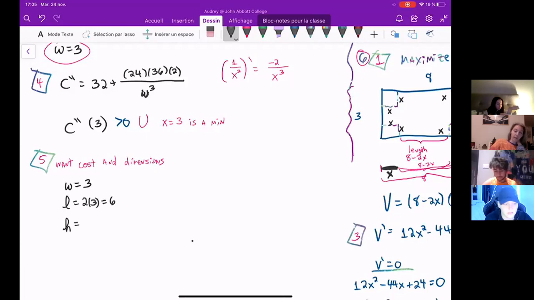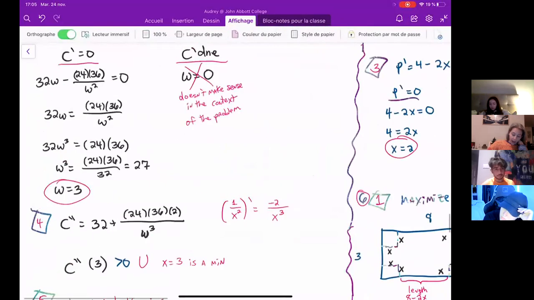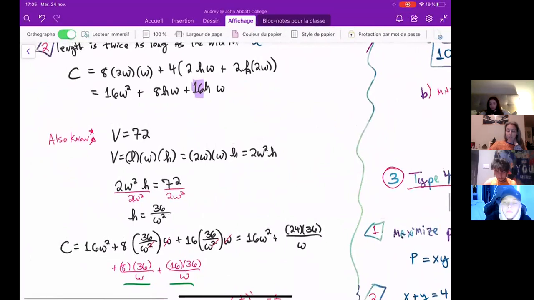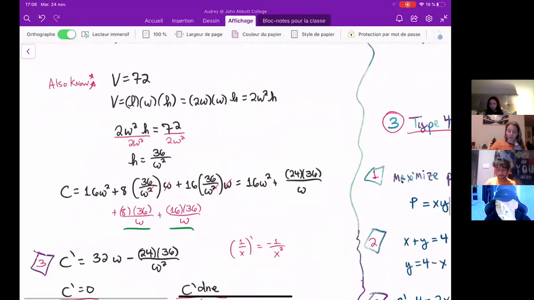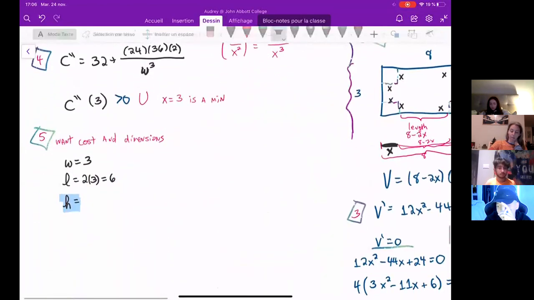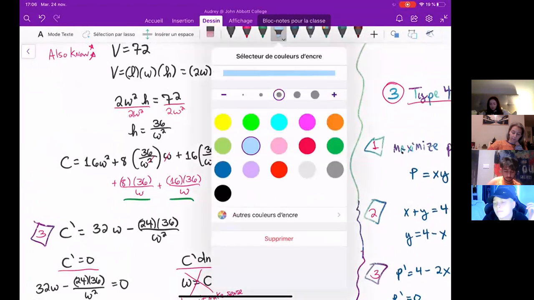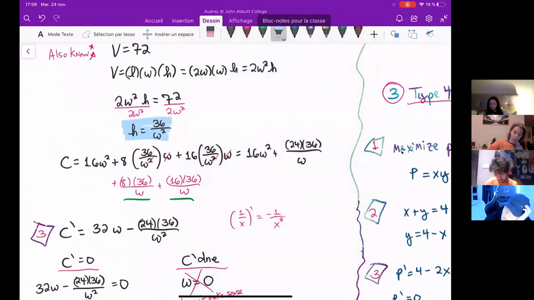And then my height, remember our formula for height here. For these type 2 questions, we want to go back to step 2. And here we found that height was equal to 36 over W squared. So I'm plugging my W into that. My height is 36 over W squared.